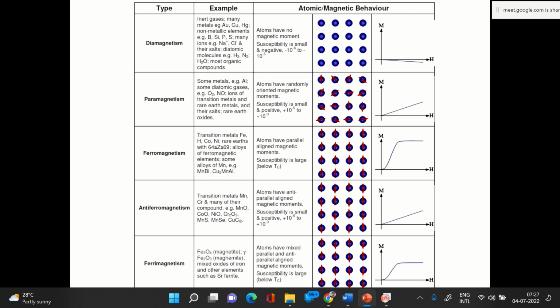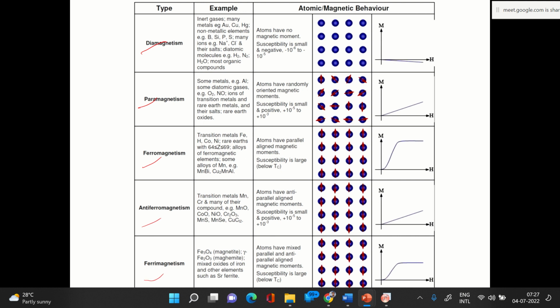Okay, so this is the summary of different types of behavior that you can find across the elements and their compounds, whether in pure state or in combination with some oxides, and what kind of behavior they show. So these are diamagnetism, paramagnetism, ferromagnetism, antiferromagnetism, and ferrimagnetism.